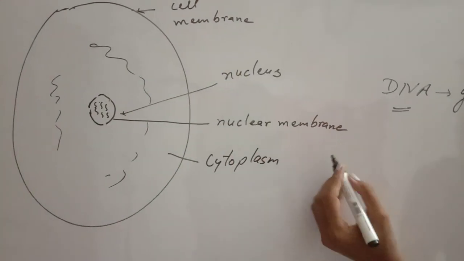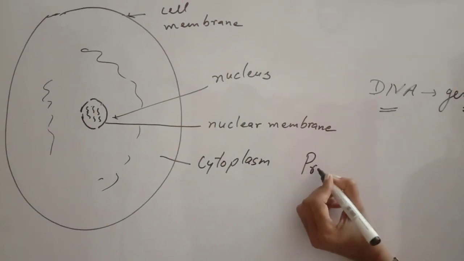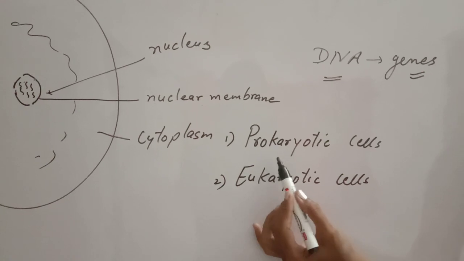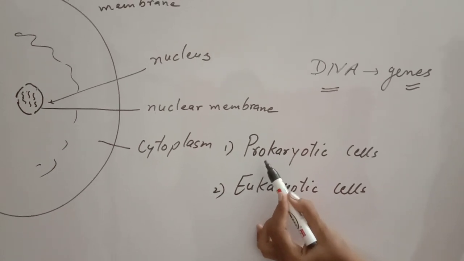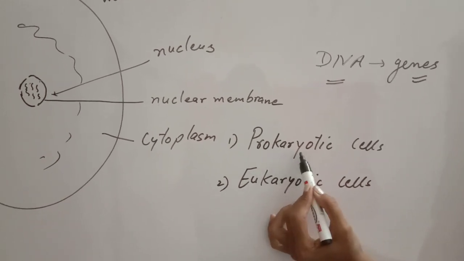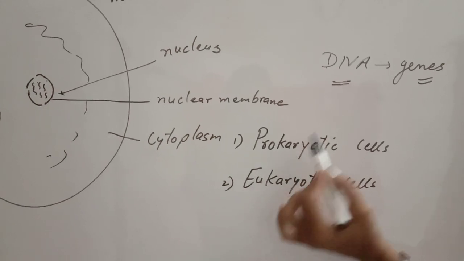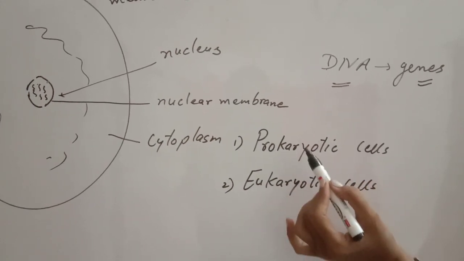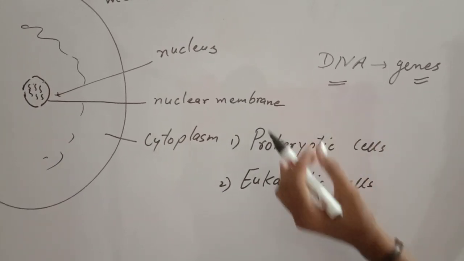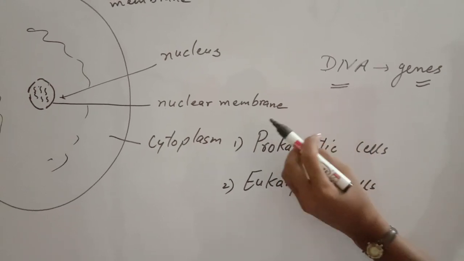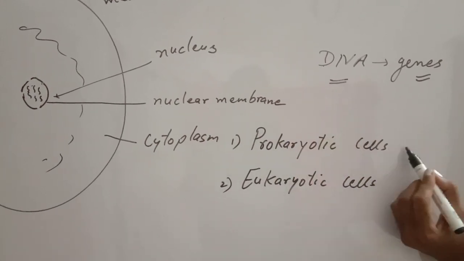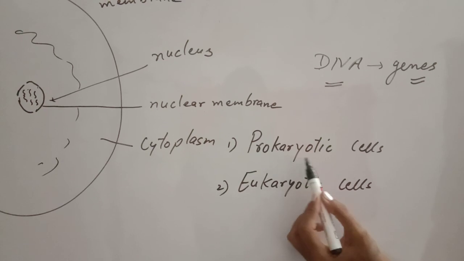Okay, now let's talk about prokaryotic cells. Those cells whose nucleus is not well developed, the nucleus is primitive, the nuclear membrane is not well developed, they don't have a nuclear membrane, and the chromosomes are just in the center of the cell. Those cells are called prokaryotic cells.